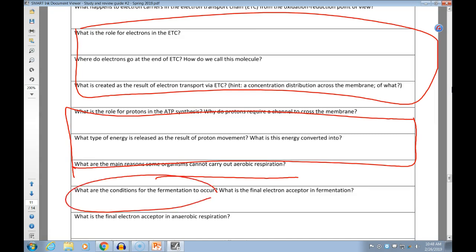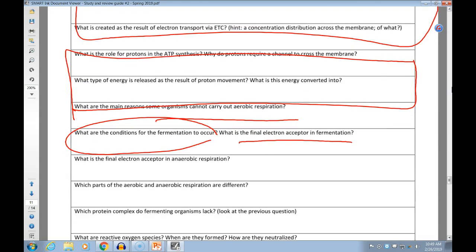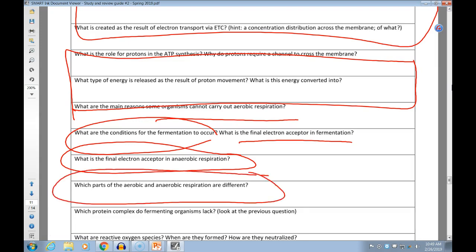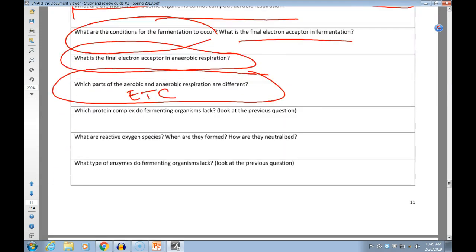Fermentation occurs without oxygen. The final electron acceptor in fermentation is an organic molecule: pyruvate in lactic fermentation, acetaldehyde in alcoholic fermentation. You need to know this too, and that's it. In anaerobic respiration, the acceptor is an inorganic molecule: nitrate, sulfate, carbonate. The electron transport chain in aerobic and anaerobic respiration is different.